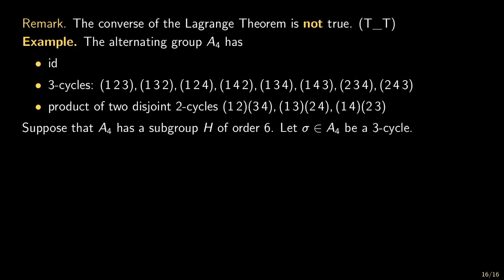Take an arbitrary 3-cycle, call it sigma. Since sigma has order 3, its powers are only identity, sigma, sigma squared. Sigma cubed is the identity, sigma to the 4th is just sigma. It just repeats, so there are only three distinct powers.